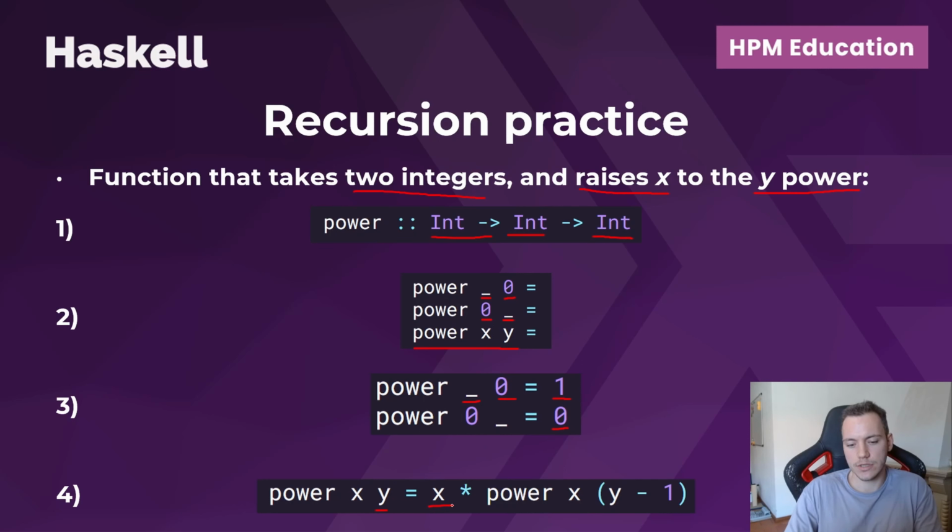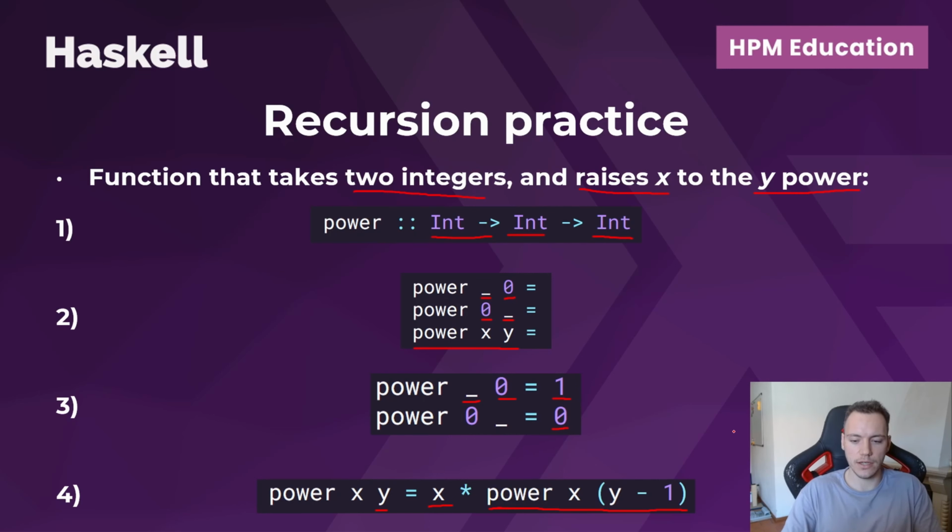So we can just take x and break it down. So x to the power of y is x times x to the power of y minus 1. Okay, so if we have 2 to the power of 5, we can say 2 to the power of 5 is equal to 2 times 2 to the power of 4, and so on.